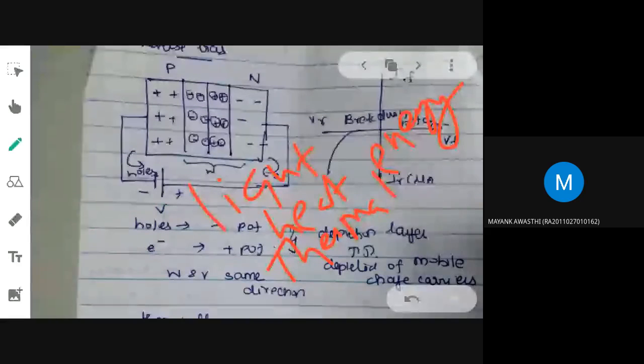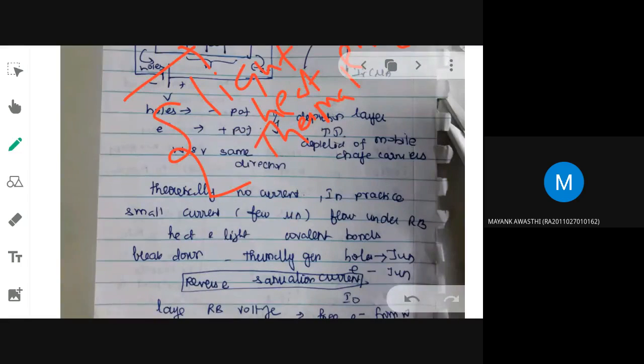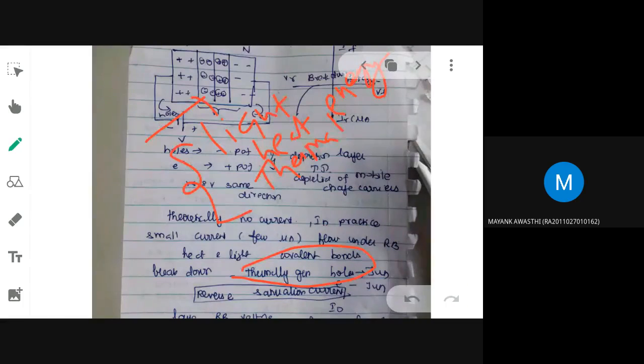So even though conduction is not happening, there is still light and heat hitting this device, so there will be some thermally generated carriers. Thermally generated holes and thermally generated electrons will be there. Those are the reason for this reverse saturation current.